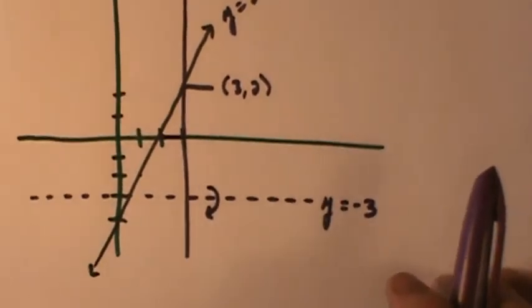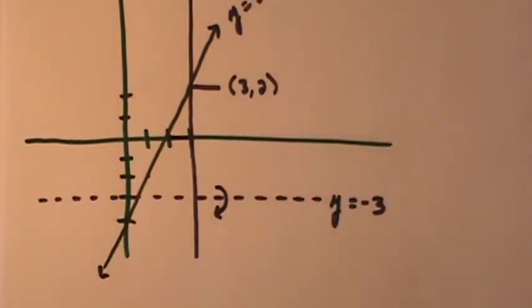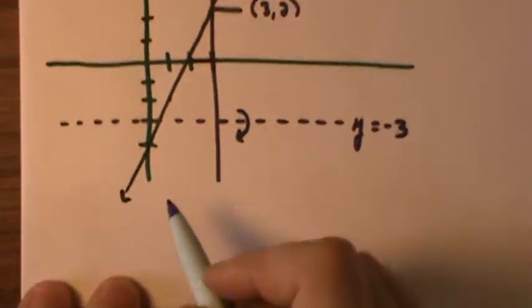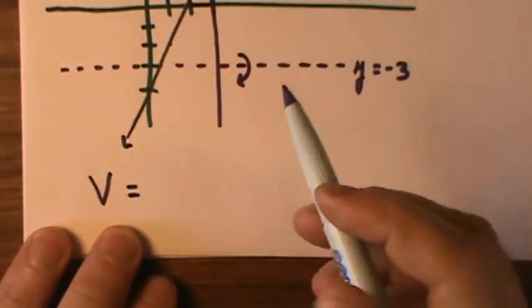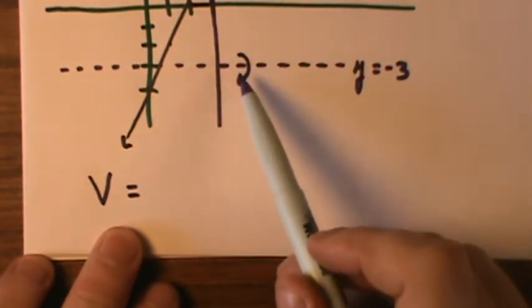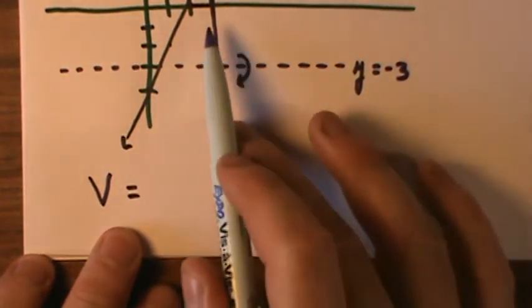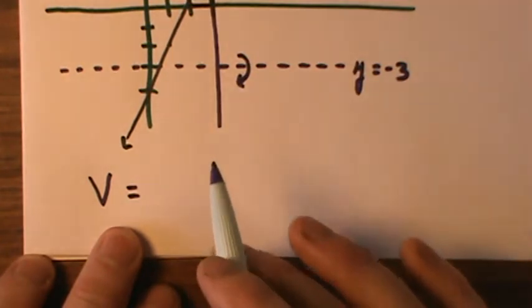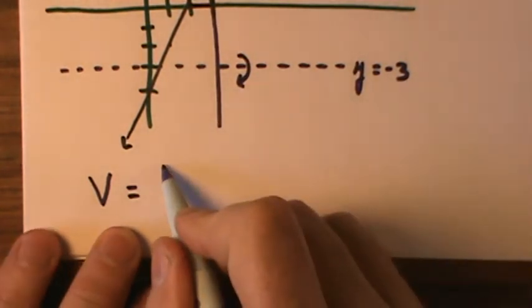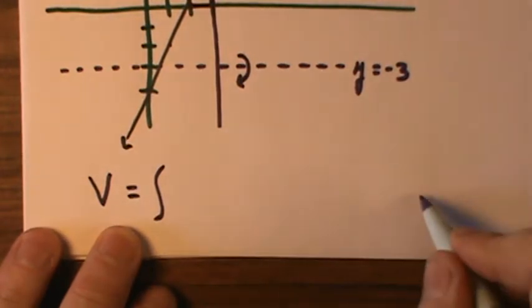And so to set this up using the shell method, I can state that my volume would equal, because this is going about something that is parallel to the x-axis, for a shell, it means everything has to be in terms of y. So I can go integral, I'm guaranteed that this has to be a dy.